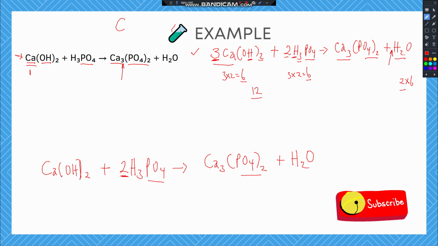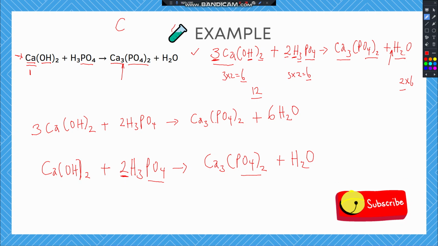So the new equation now becomes 3Ca(OH)2 plus 2H3PO4 yielding Ca3(PO4)2 plus 6H2O. So at this point now we have balanced hydrogen. The polyatomic ion is also balanced on both sides and calcium is also balanced.